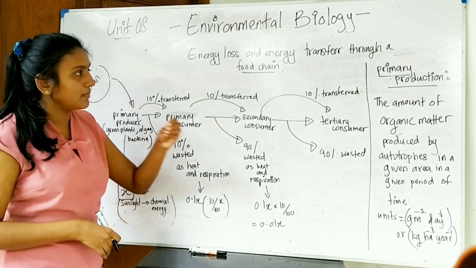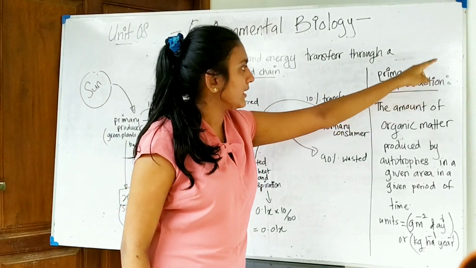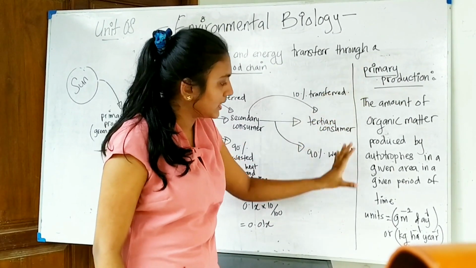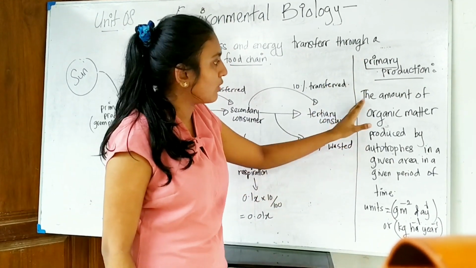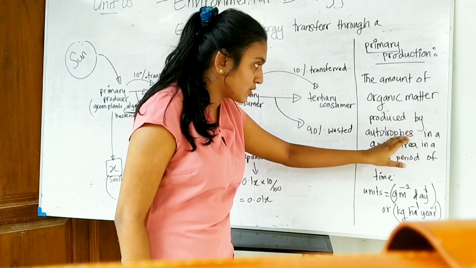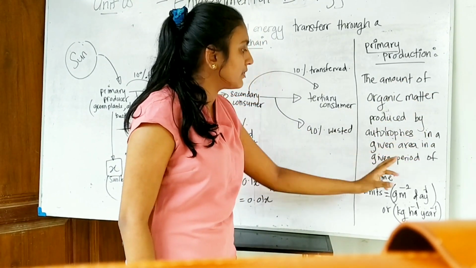In that case, we can take the term primary production and use a standard definition for it: the amount of organic matter produced by autotrophs in a given area in a given period of time.